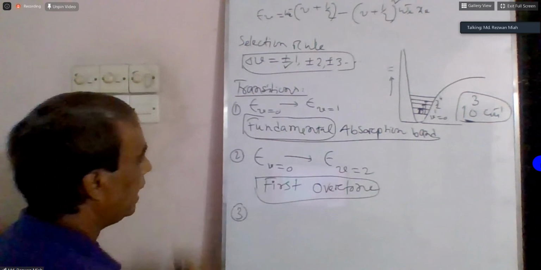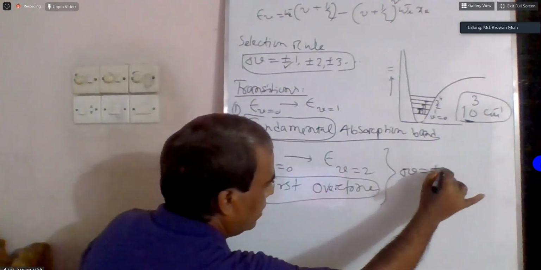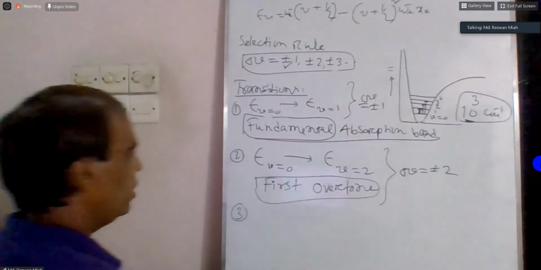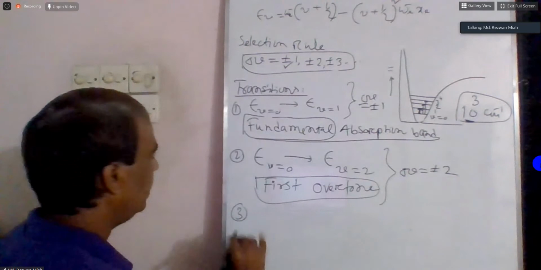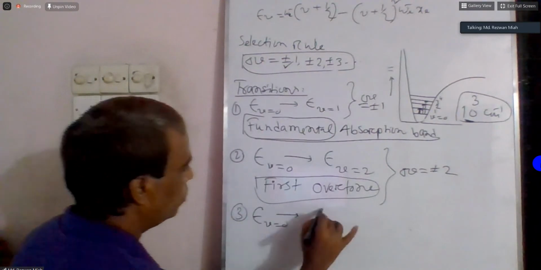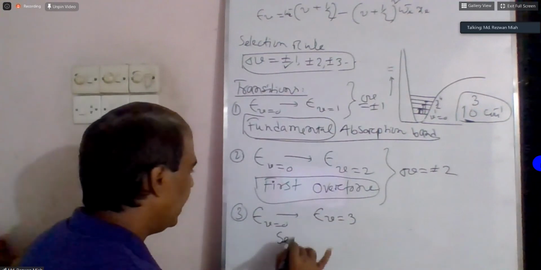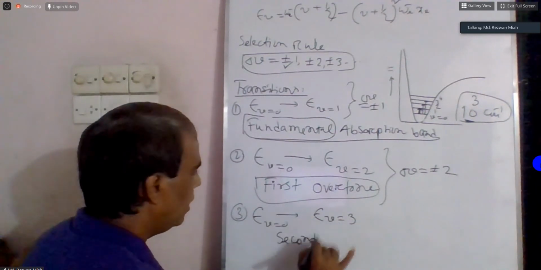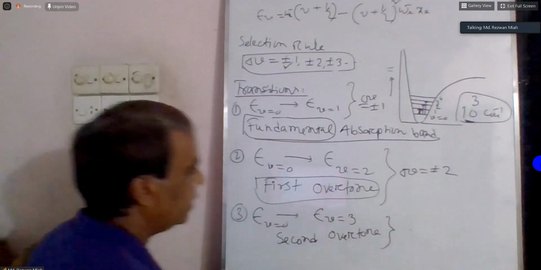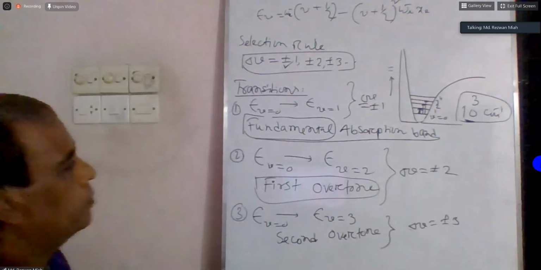For this case, we consider plus minus 2, whereas for the fundamental, delta mu is equal to plus minus 1. Then we have another, plus minus 3, which is the transition from mu equal to 0 level to mu equal to 3 level. That one is called the second overtone. In the case of the second overtone, we consider mu equal to plus minus 3.